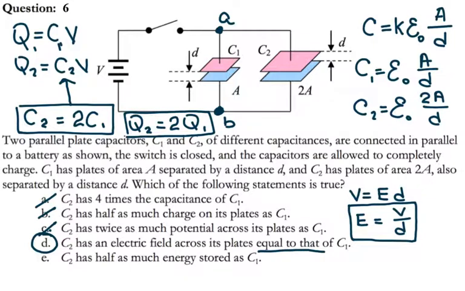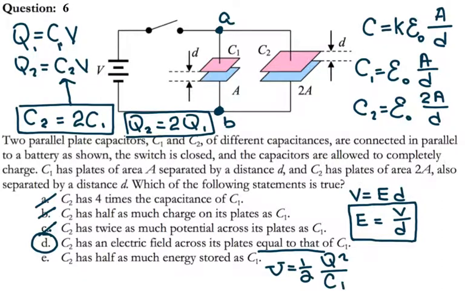And then the last one is, C2 has half as much energy stored as C1. If you remember the formula from the previous question, it's equal to 1/2 the charge squared divided by the capacitance.